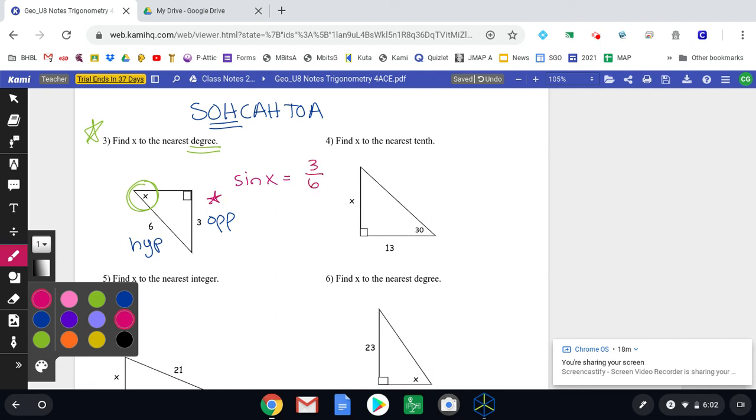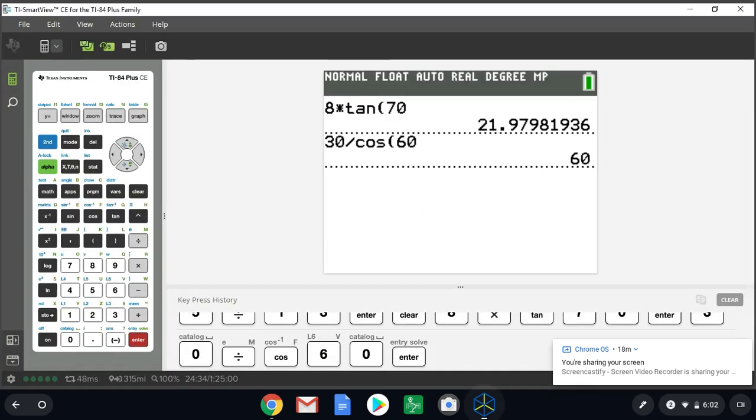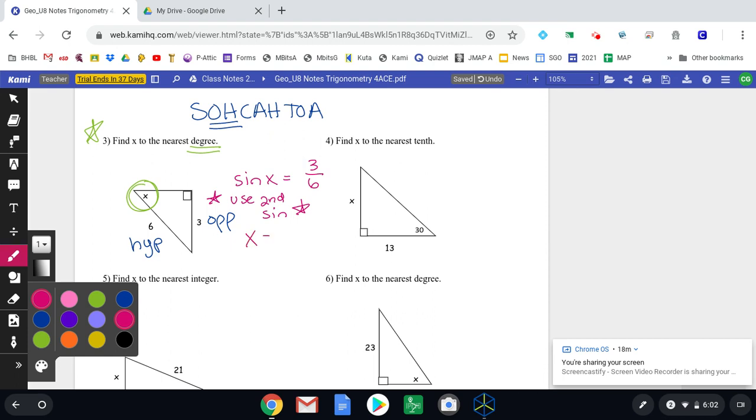This is the only one that's a little bit different because in the calculator, I use the second sine function. So go to my calculator. Second sine, the inverse of sine, of 3 over 6. Oh, 30 degrees. 30 degrees is my answer. So x equals 30 degrees. And again, this one I'm finding an angle measure rather than the length of a side.